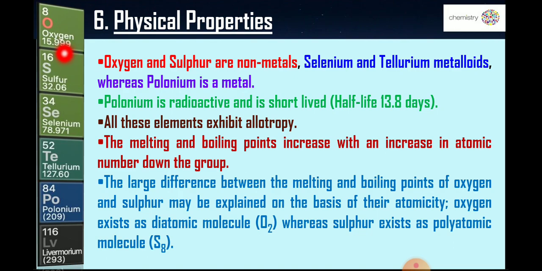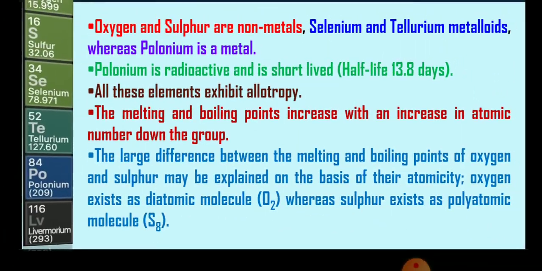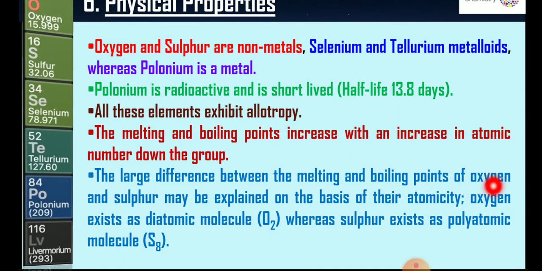Okay, why is there a large difference? The reason is atomicity. Oxygen is present in a diatomic state. Oxygen is present in O2 form, whereas sulfur exists in a polyatomic state. A molecule of sulfur contains 8 sulfur atoms.